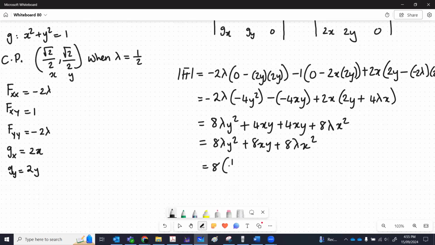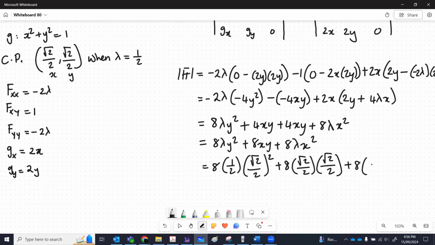So lambda is a half, then we have the square root of 2 over 2, squared, and then this is 8 times the square root of 2 over 2 times the square root of 2 over 2.